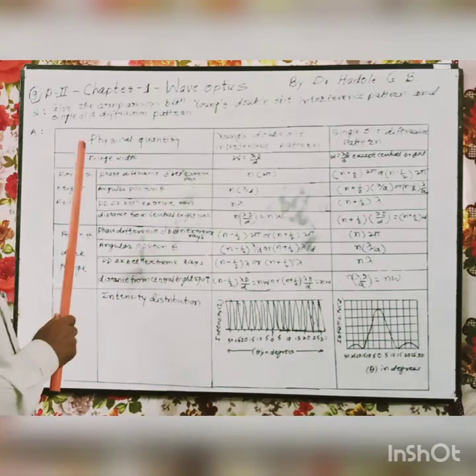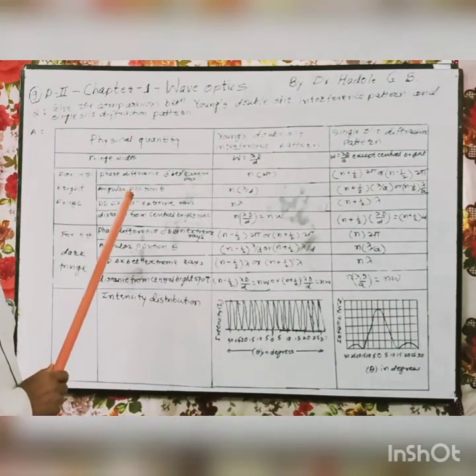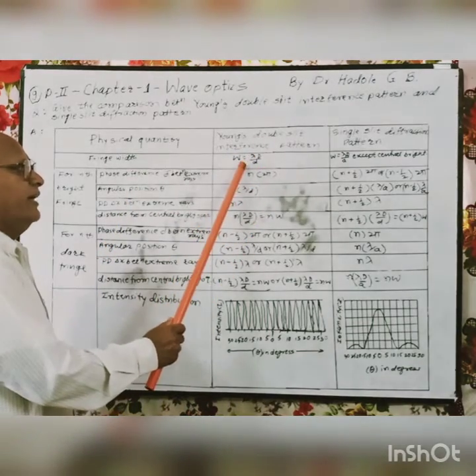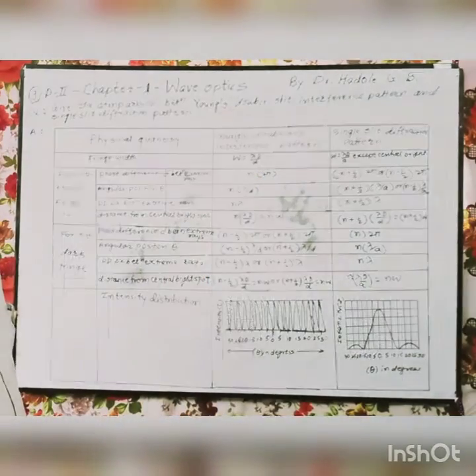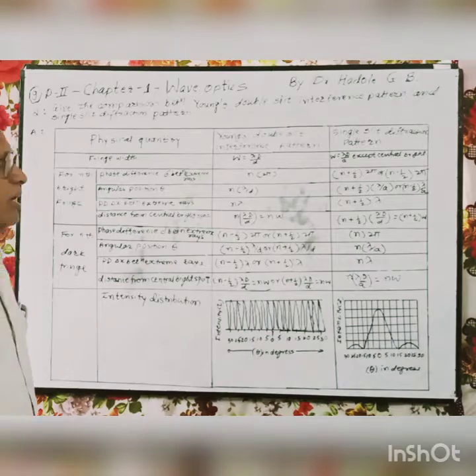Now here we are going to summarize the fringe width. The fringe width for Young's double slit interference pattern is W equal to lambda D upon small d. We have obtained this expression.